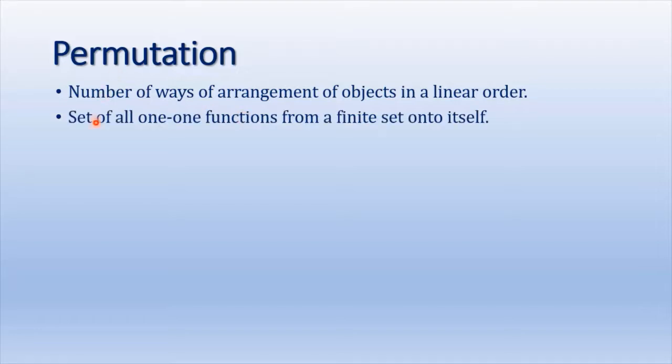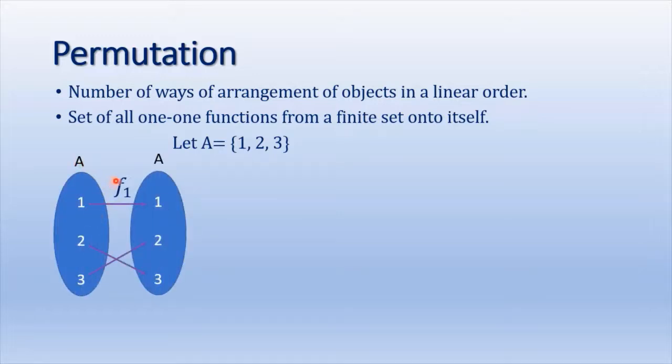It may also be defined as the set of all one-to-one functions from a finite set onto itself. For example, let us consider a set A which has 3 elements 1, 2 and 3. So duplicate this set and define one function f1 as follows.